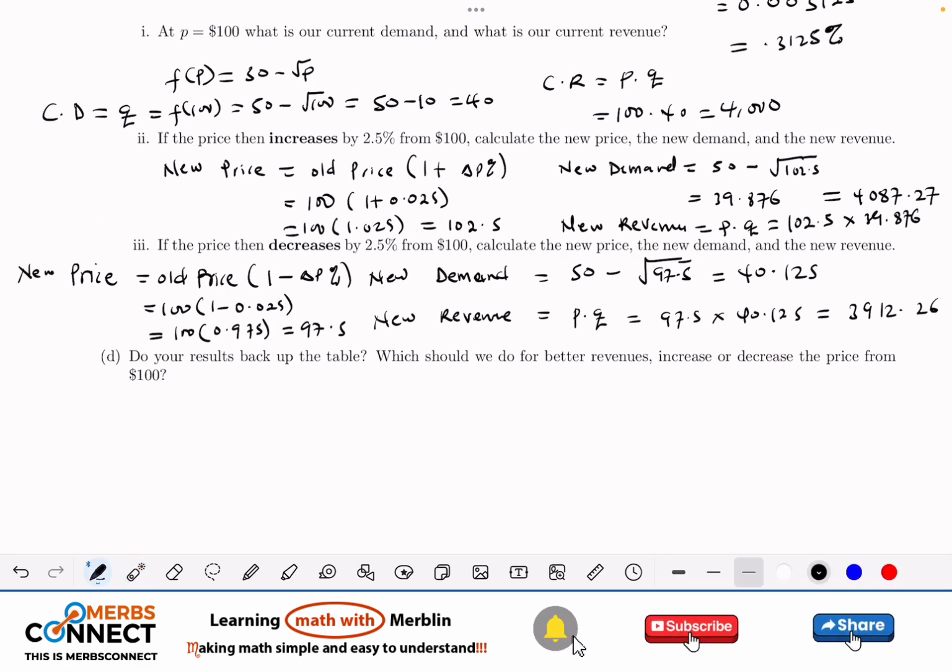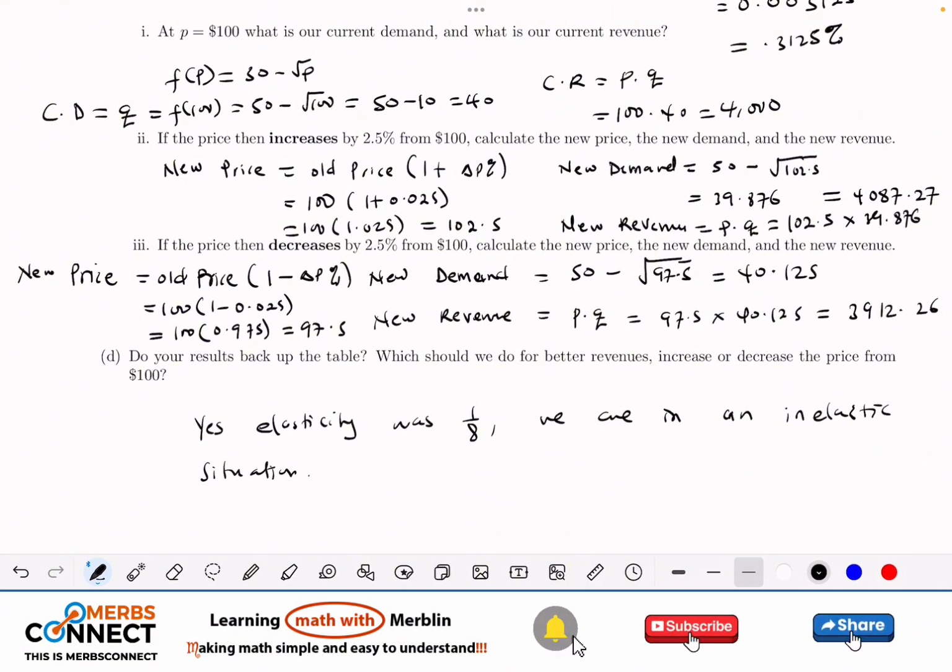So we can say that yes, elasticity was 1 over 8. So we saw that, right? We are in an inelastic situation, right? So as I was saying, we are in the inelastic situation.